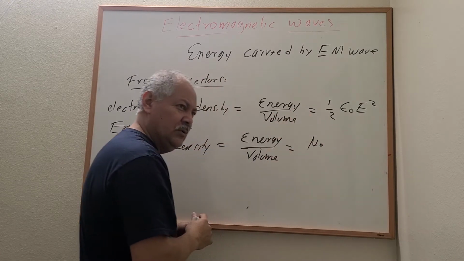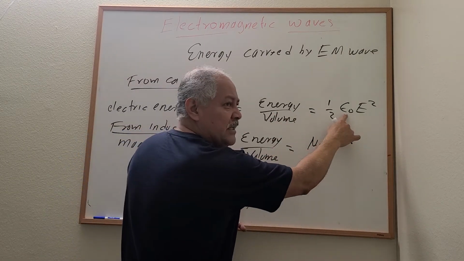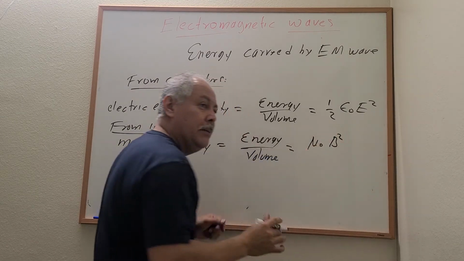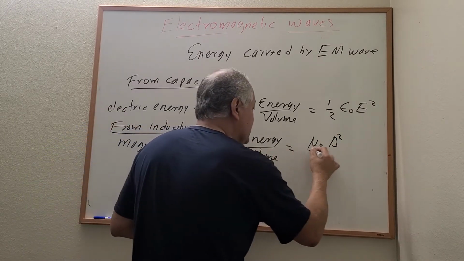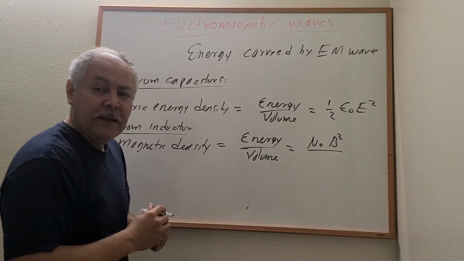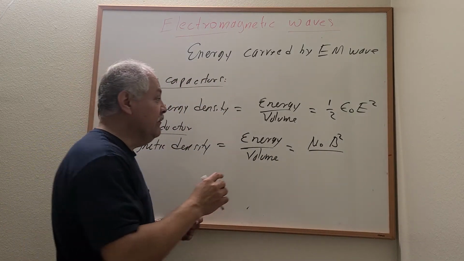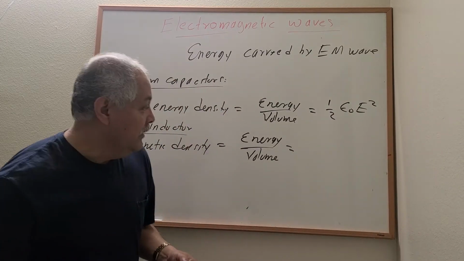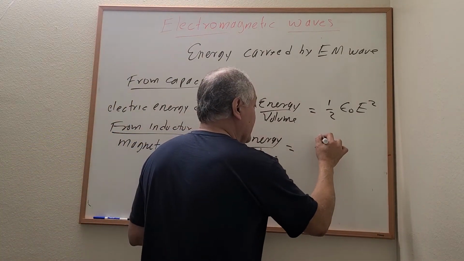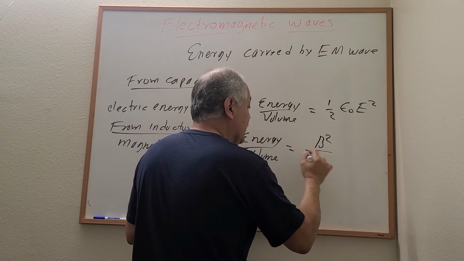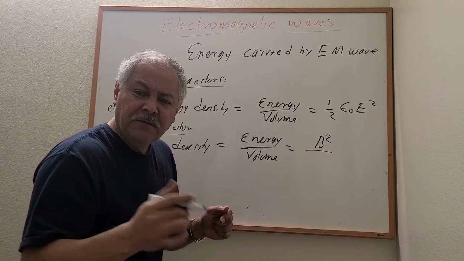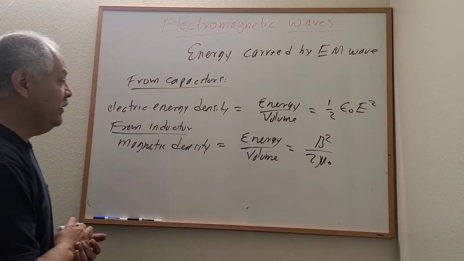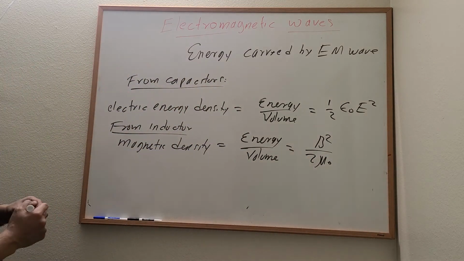Mu naught is a constant already given, the same as epsilon naught. Correct? Now this is the energy stored in a capacitor.